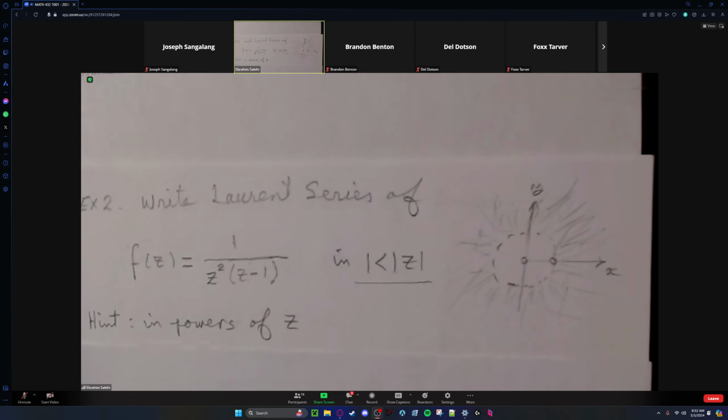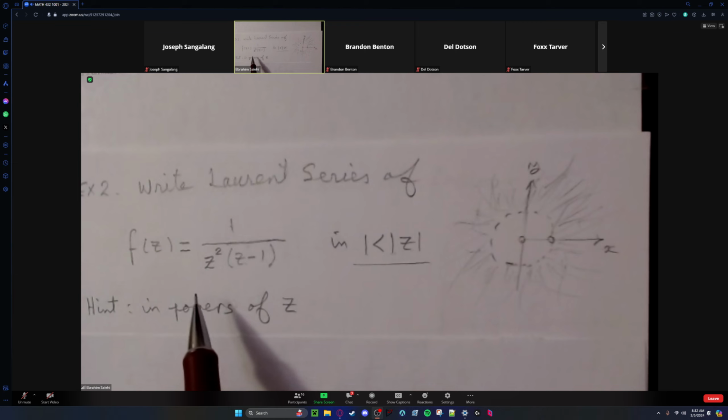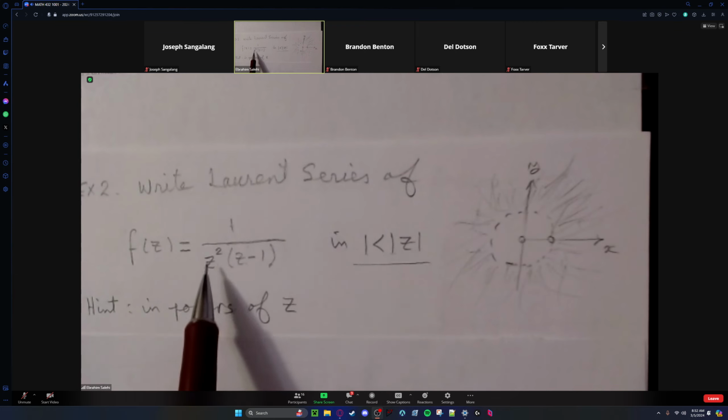Well, again, as soon as you see such a thing, you're talking about modulus of z. That pretty much means you want to find the Laurent series in powers of z, right? And if I want to write the Laurent series in powers of z, I will not mess with z squared because it's already in powers of z.